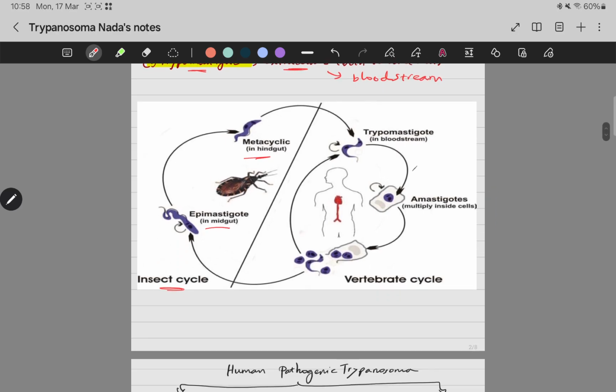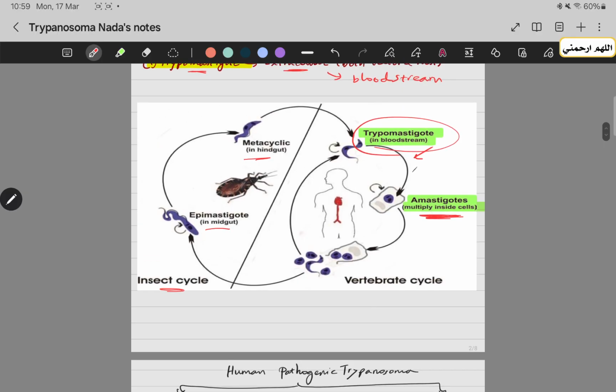These two are the important ones because they occur in the mammalian host, the humans. Trypomastigotes are the free form of the parasite living in the bloodstream, and amastigotes live inside the body's cells. So trypomastigotes in the blood, amastigotes inside the cells, and the other two forms we don't see in humans.